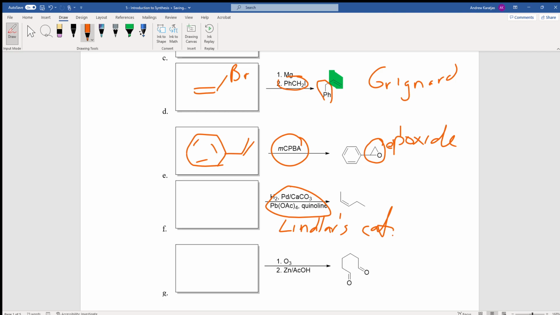The reason that we use it is because we don't want to fully reduce our alkyne. We want to convert the alkyne specifically into the cis-alkene that's pictured here. So knowing that, that means then that the starting material has to be the corresponding alkyne.